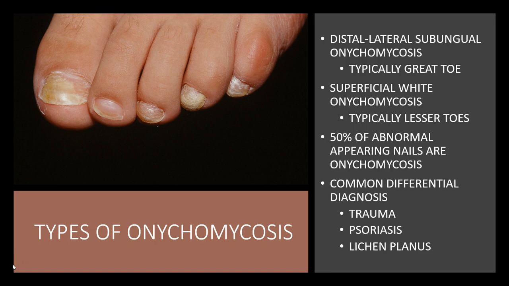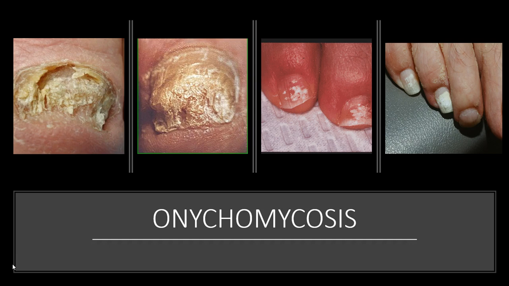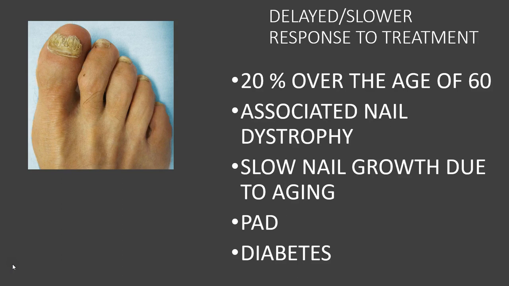We certainly want to keep in mind other disorders such as psoriasis or lichen planus, but certainly with the great toe, dystrophic and distal lateral onychomycosis are the most common presenting forms, and superficial white onychomycosis and distal lateral subungual onychomycosis are the most common forms affecting the lesser digits.